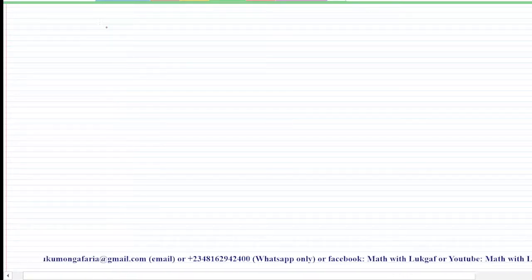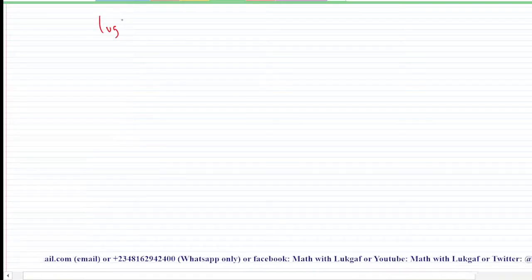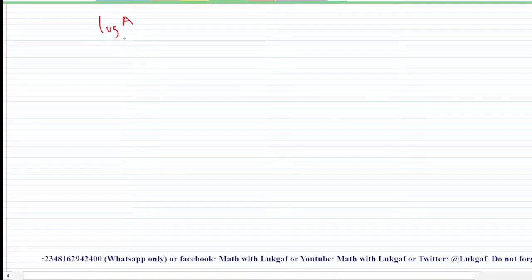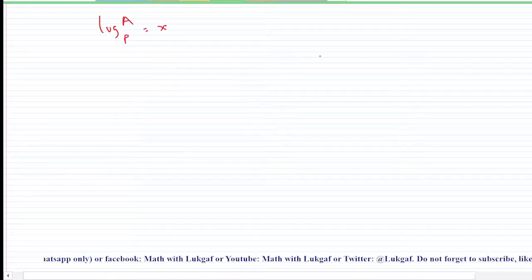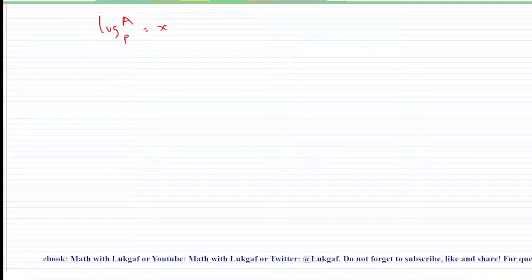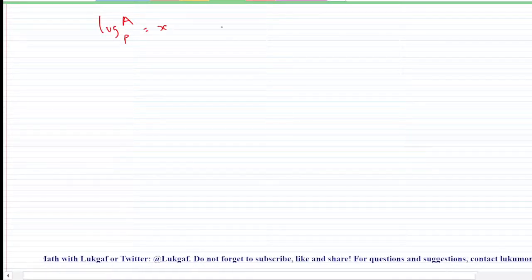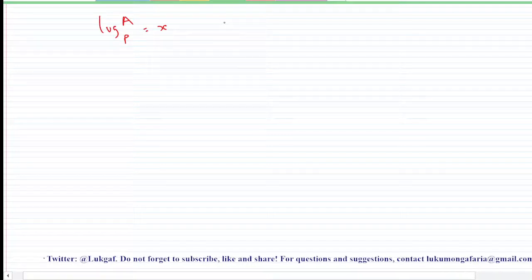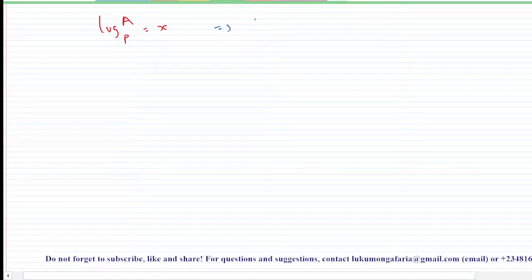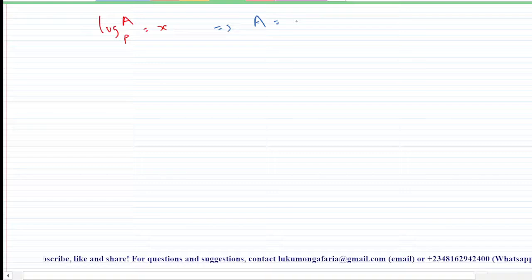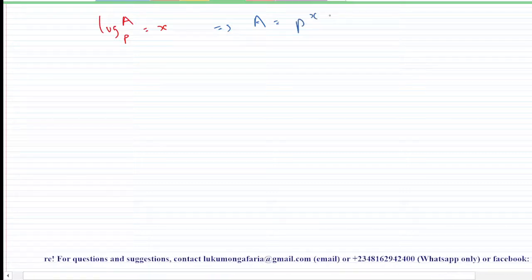Recall from the previous video that if you have log a base p equals x, then converting this to an indicial equation, you are going to have a equals p raised to power x.